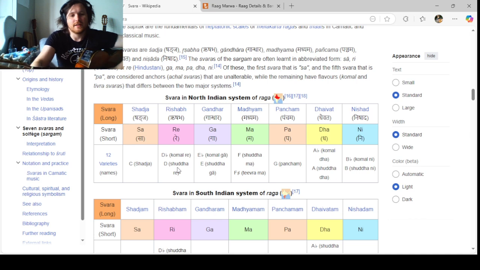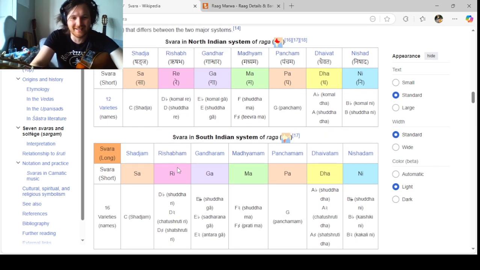But really interestingly, we actually have a South Indian and a North Indian system, which are different. South Indian, you can see that we have potentially 3 different notes for Rishabh, although it says Rishabham, doesn't it? So maybe that's different.